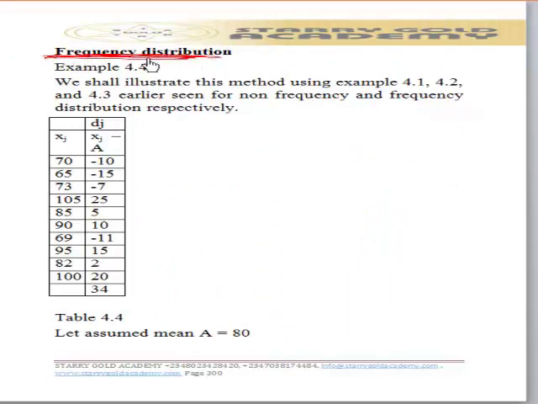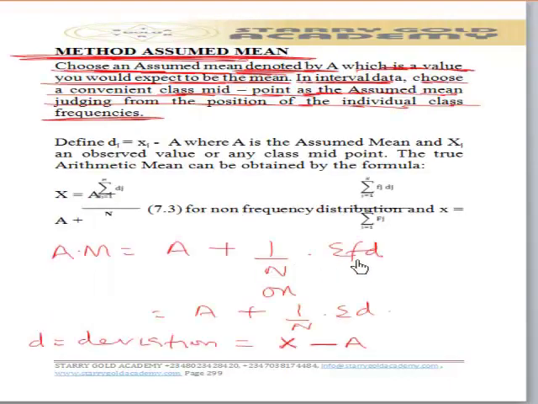We can also have a frequency distribution. When we have frequency, that's what informs this formula. This is the formula we are going to use. If the question given to us has frequency and we are asked to compute the arithmetic mean using the assumed mean method, then the formula is A plus 1 over n summation fd.